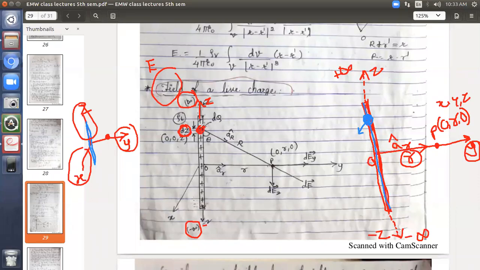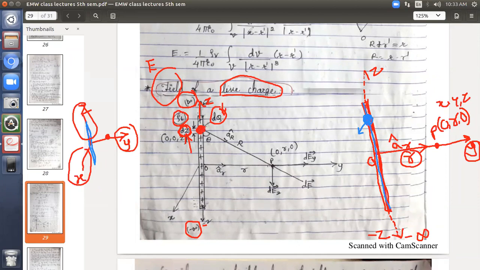Assume that we want the line charge distribution, the line charge field. So rho L is the line charge density, and a small length dz has a small charge dq coulombs. So this is the consideration of the small point.